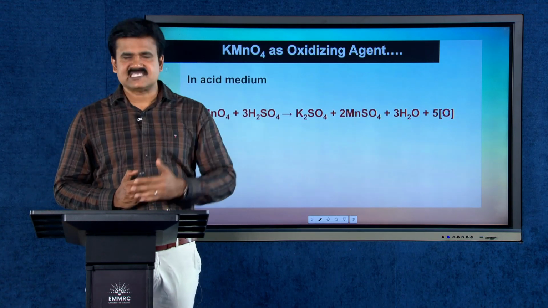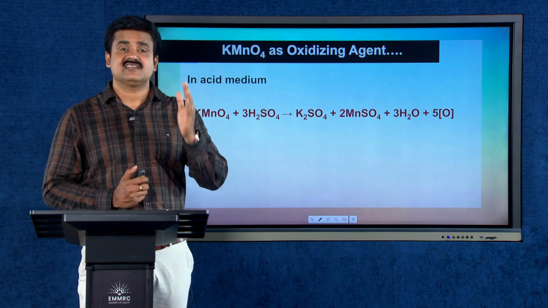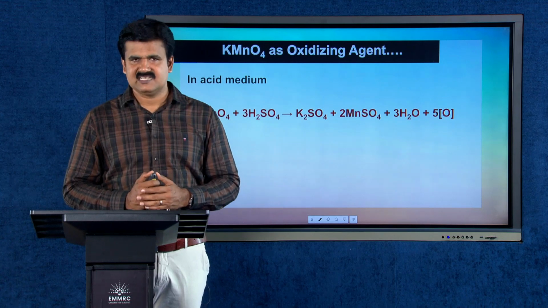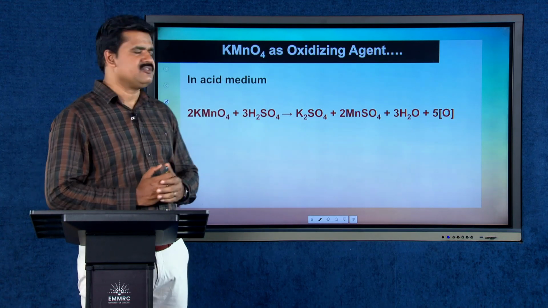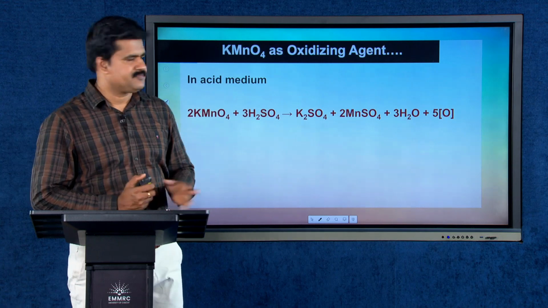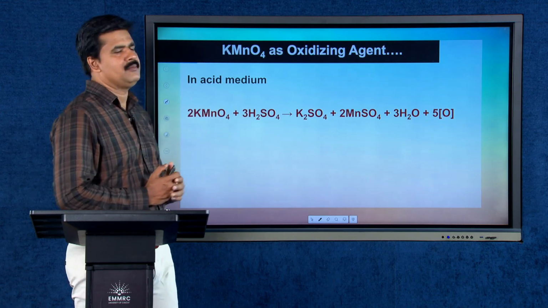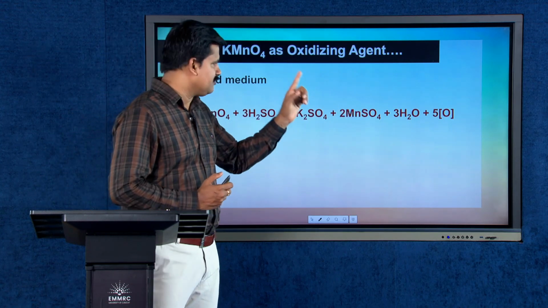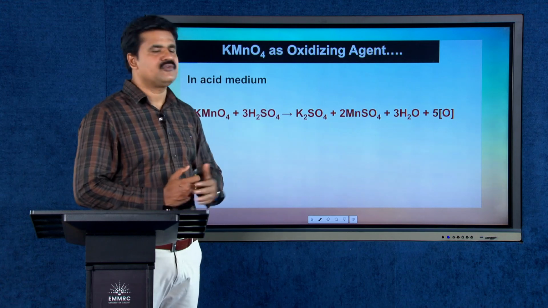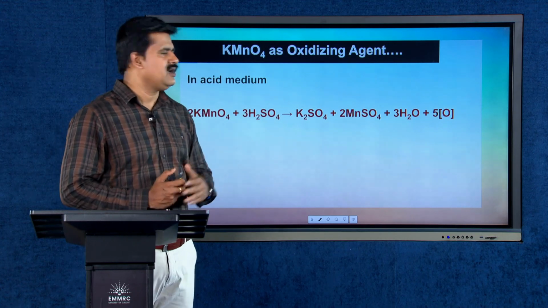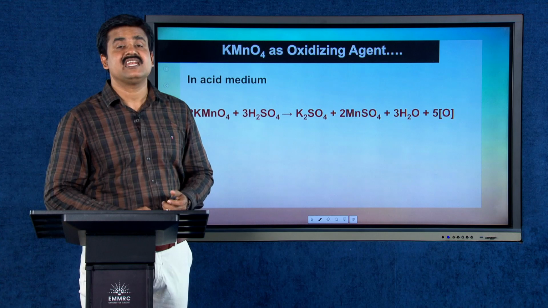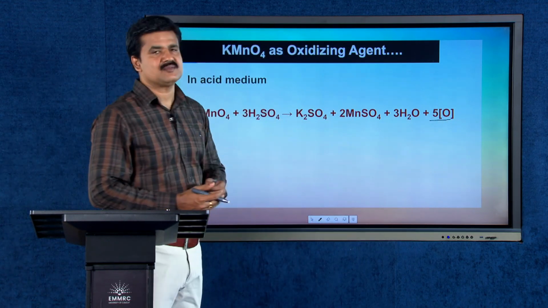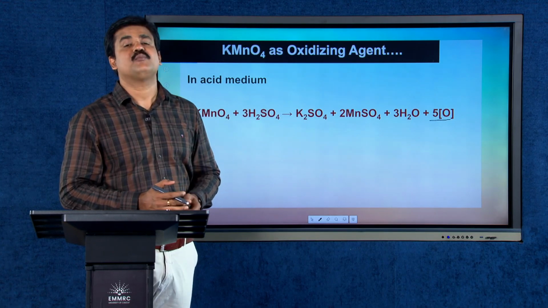Now, in acid medium, this is the reaction that is responsible for the oxidizing power of potassium permanganate. This reaction is the reaction between potassium permanganate and sulfuric acid. As a result of the reaction between 2 molecules of potassium permanganate with 3 molecules of sulfuric acid, you can see the products: potassium sulfate, MnSO4 or manganese sulfate, water molecule, and 5 nascent oxygen atoms are liberated during the titration. It is very well clear that these oxygen atoms are responsible for the oxidizing tendency of potassium permanganate.